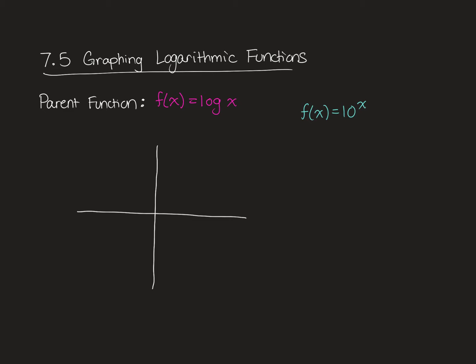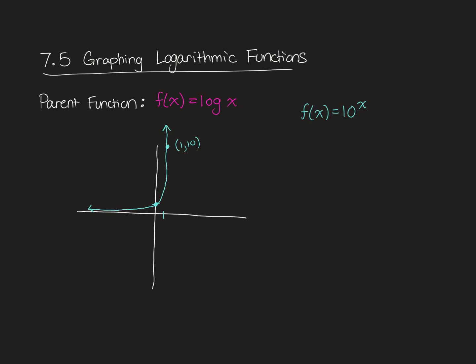If we were to graph 10 to the x, when x is equal to 1, my graph is way up here at 10. When x is equal to 0, my graph is down here at 1. And what this looks like is something like this. That is your function 10 to the x.